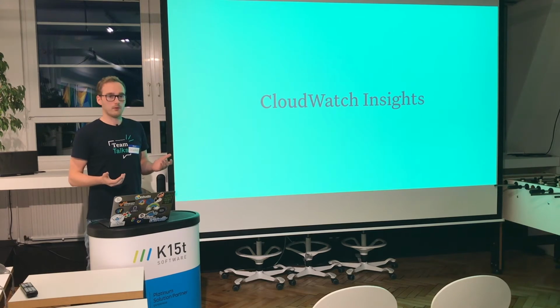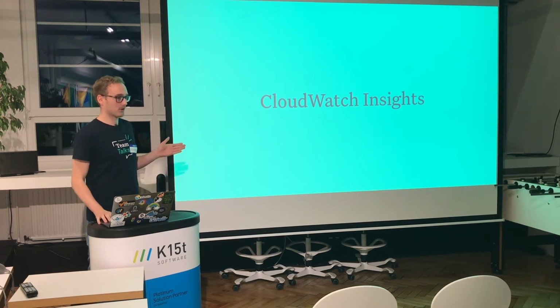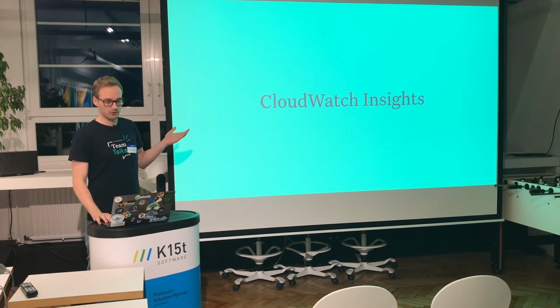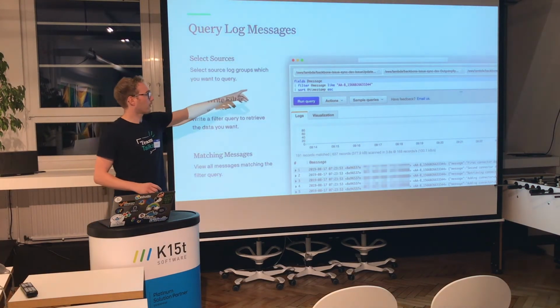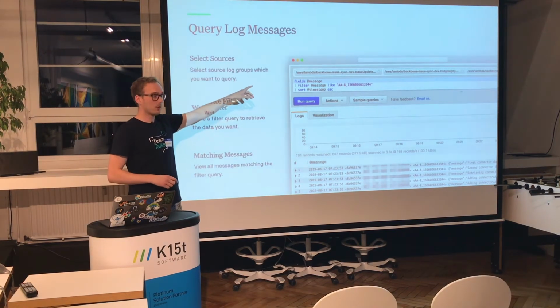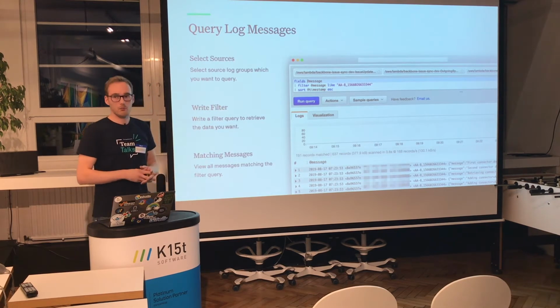I don't know who of you has heard about that before? Okay, so CloudWatch Insights is a service where you can query your logs in the AWS console. Here's an example of what you could do. You select the sources, the log groups that you want to search, and then you provide a query for what you want to search.